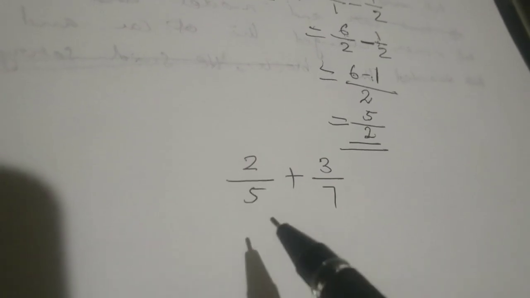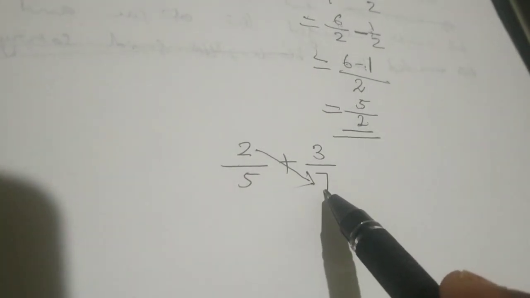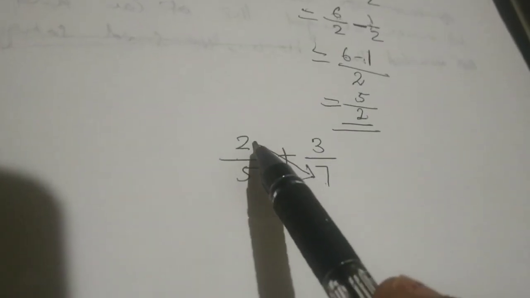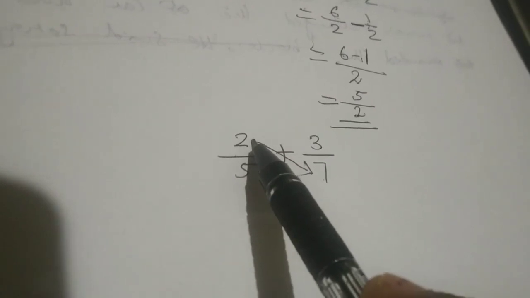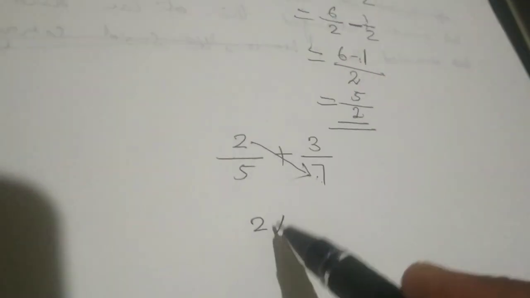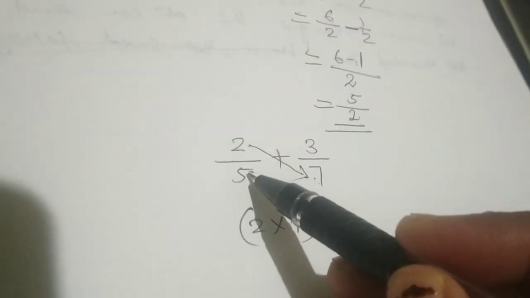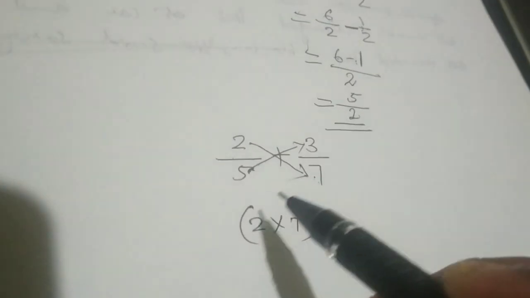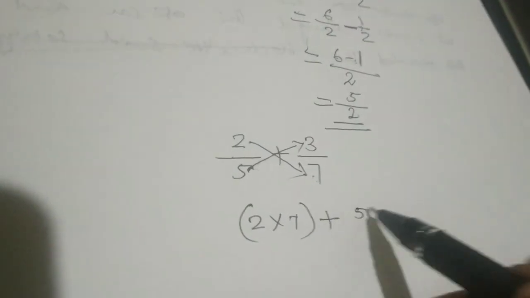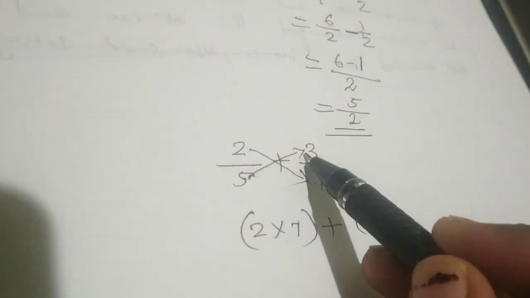For the cross multiplication method, we multiply the numerator of the first fraction and the denominator of the second fraction. So 2 times 7, plus the first denominator and second numerator, 5 times 3.